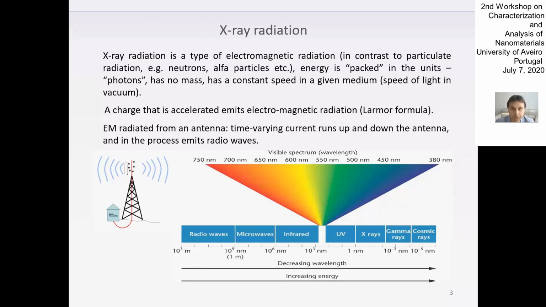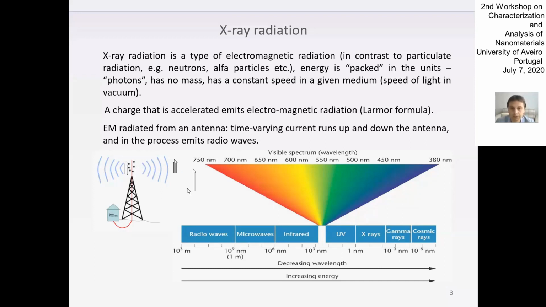How to produce electromagnetic radiation, in contrast to particle radiation like neutrons or alpha particles? We know that a charged particle which is accelerated emits electromagnetic radiation. As an example, we can show a usual antenna, where AC current generates electromagnetic waves.